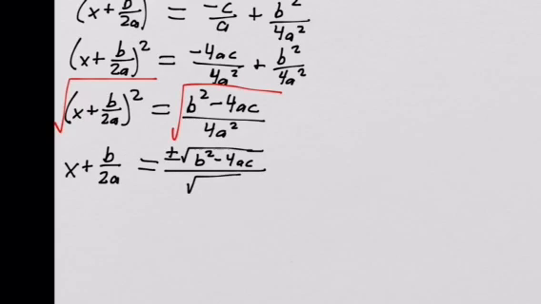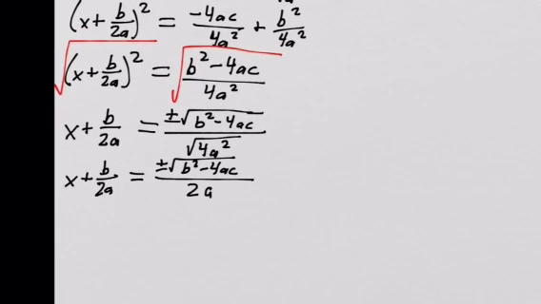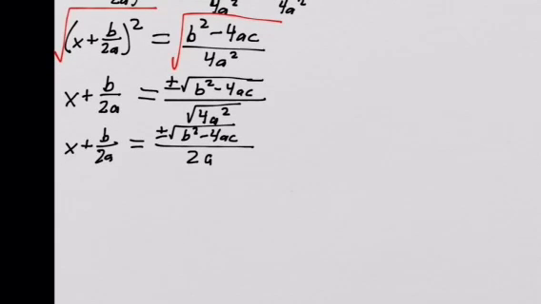And then the denominator, I'm just going to put square root of 4a squared for now, but then in the next step, I'm going to simplify that. So x plus b over 2a is equal to plus or minus the square root of b squared minus 4ac over 2a, and now I can subtract the b over 2a from both sides.